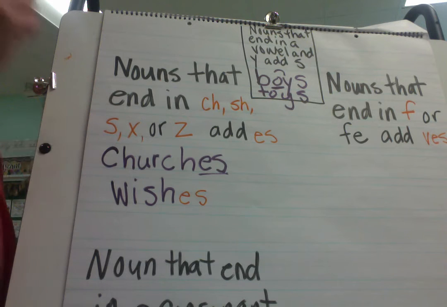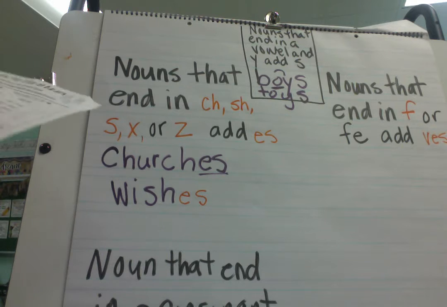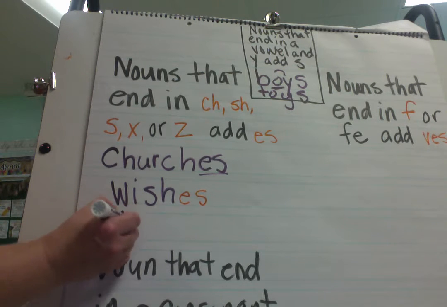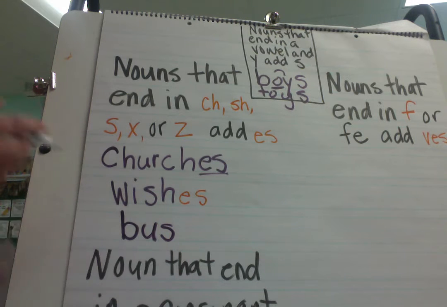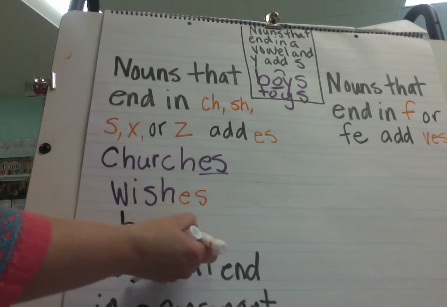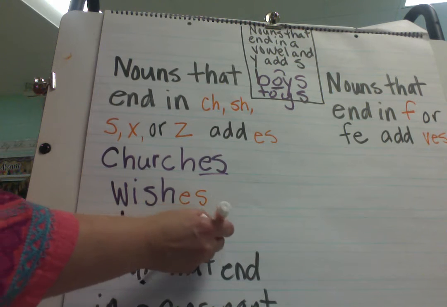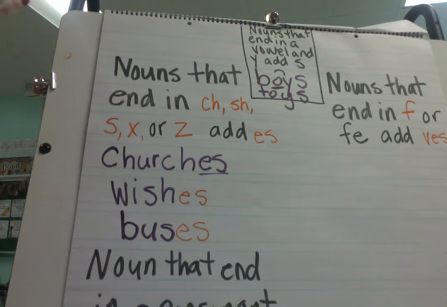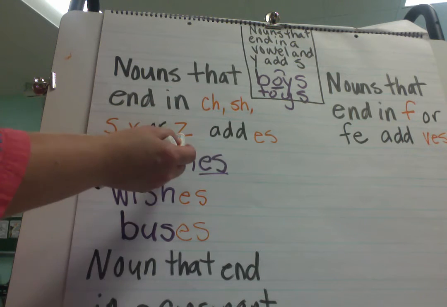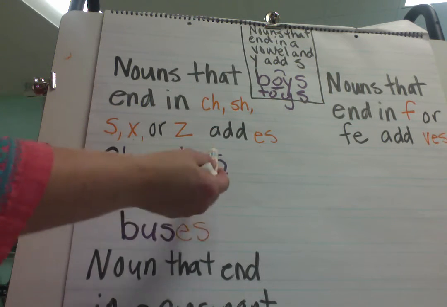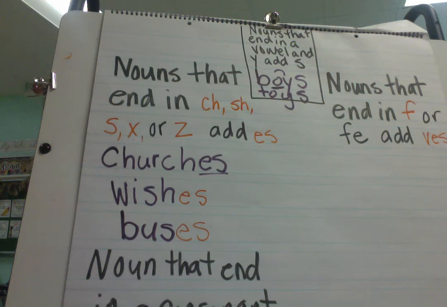Can you think of a word that ends in an S? Can you think of a word that we talked about earlier? What about bus? Ends in an S, so I'm going to put an ES. So anytime, boys and girls, you see plural nouns that end in a CH, SH, S, X, or Z, you're going to add an ES at the end to make them plural.